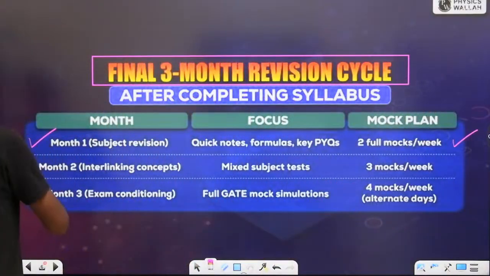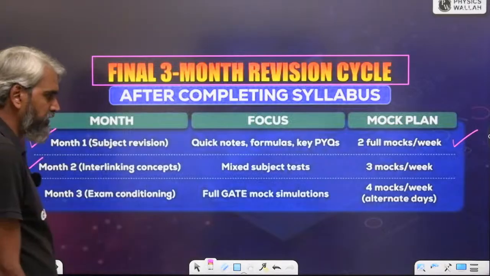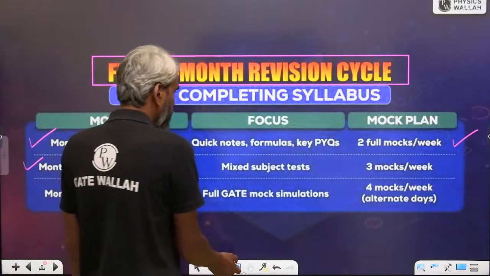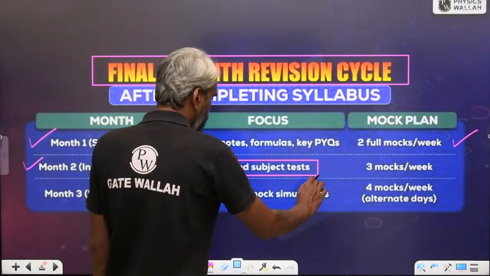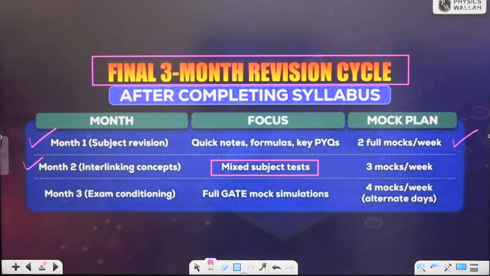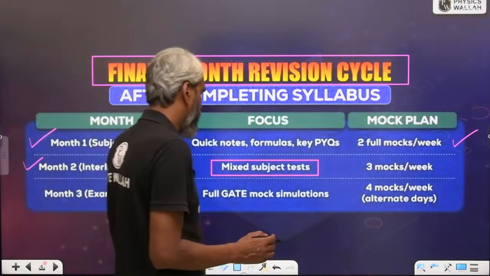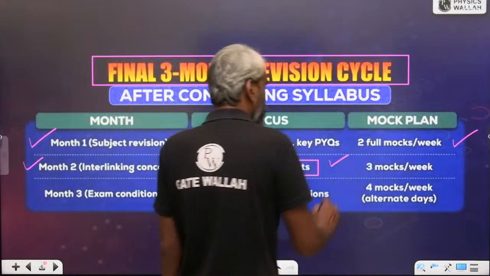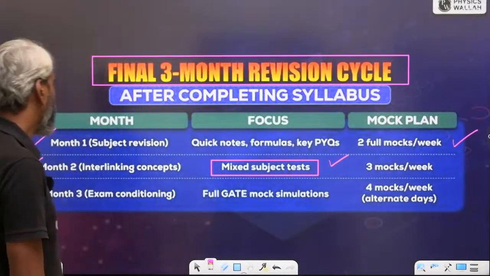From the second month onwards, again revision is required, but focus on mixed subject tests. You have revised some of the subjects in the first month itself. Then there will be some subjects which are less revised. So please focus on the revision of those subjects and at the same time focus on the mixed subject tests, right? So frequency will increase.